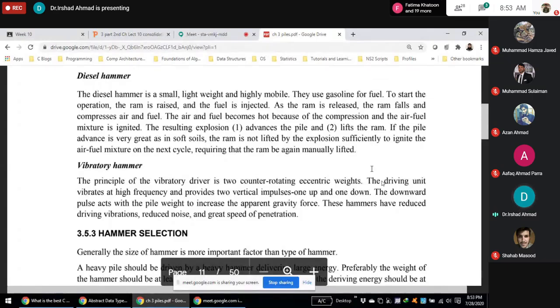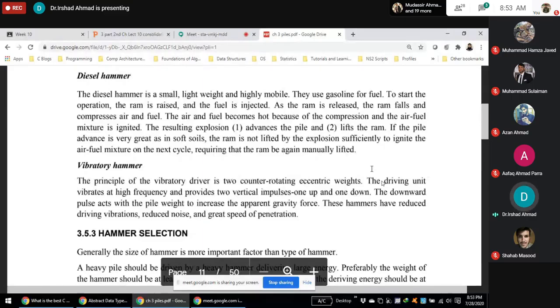So it's quite automatic. But when you have a soft soil, then there is a problem. Because when the explosion occurs, all of the energy is used to penetrate the pile down, and you have no energy left in the system, right?